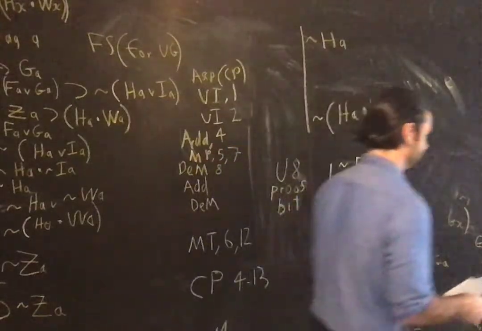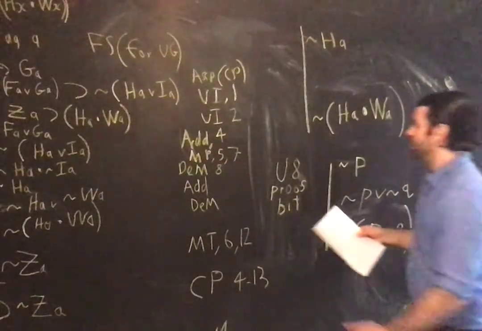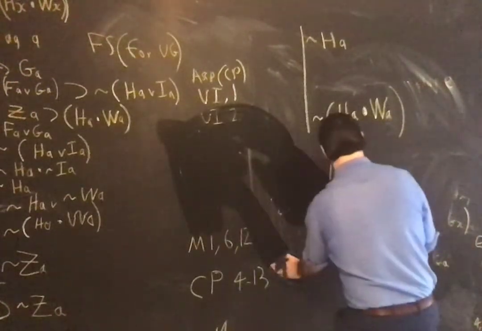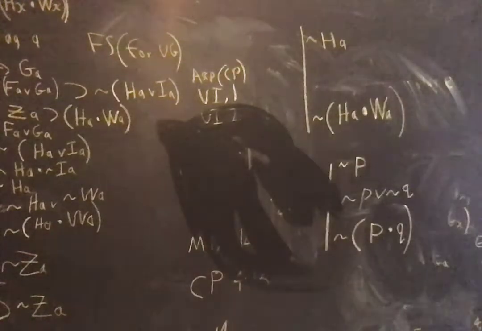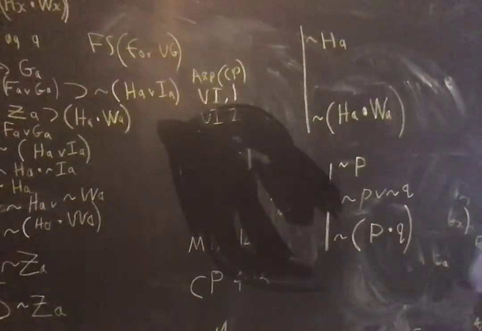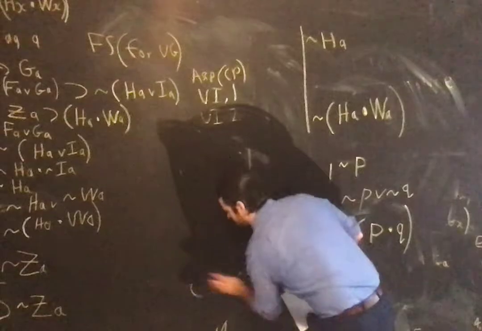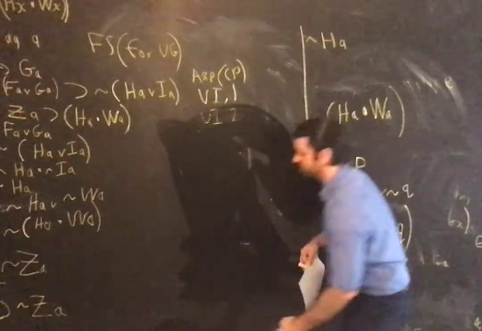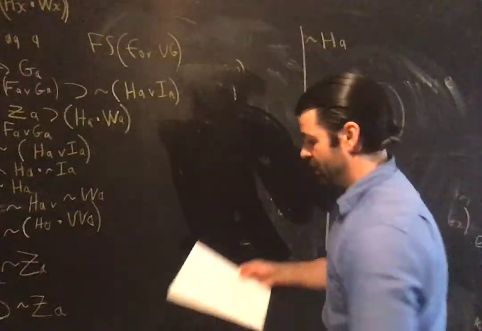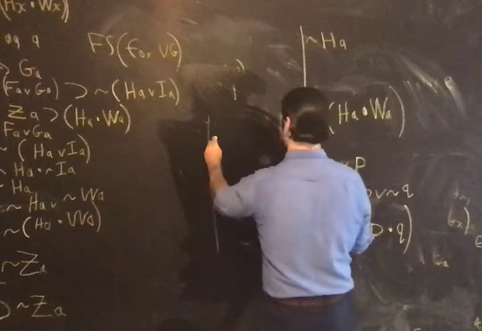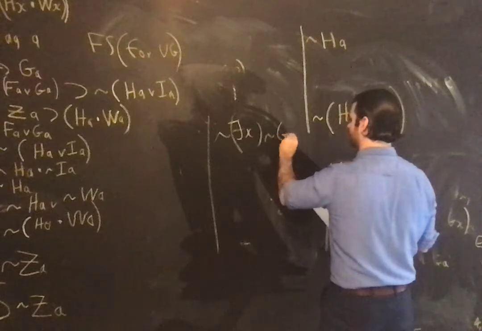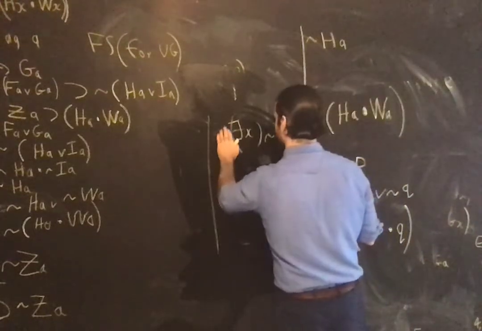So for example, just to give you a sense of what I'm talking about, consider this. Premise 1: there exists an x such that not Gx.